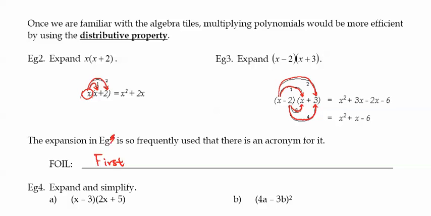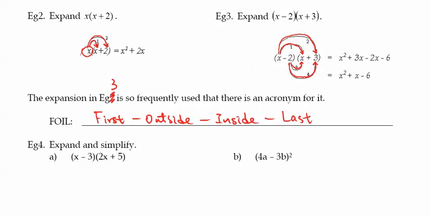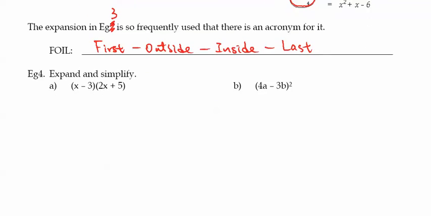The expansion in example 3 here is what we call FOIL. Once you have enough practice on FOIL, we will then reverse the process and try to do something called factoring trinomials. But today we will focus on expanding the polynomial, multiplying the terms one at a time, and come up with our result.